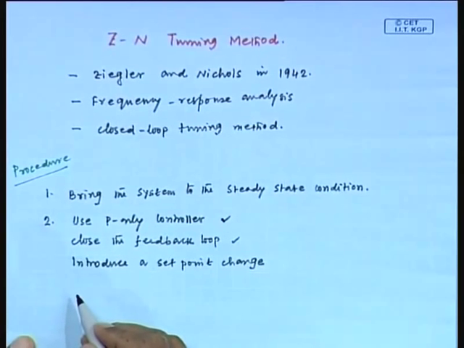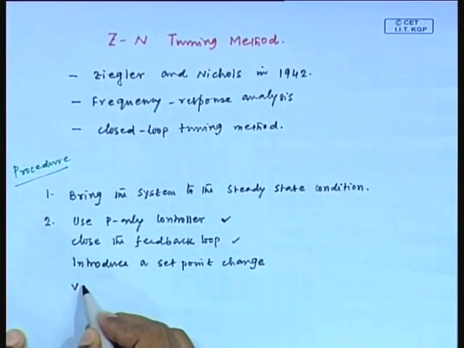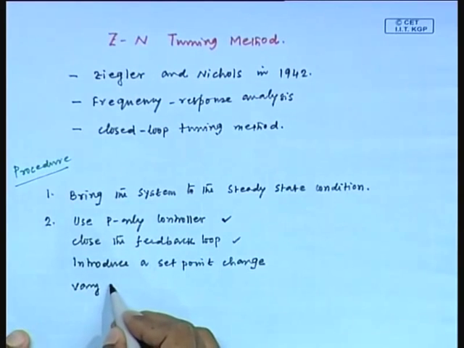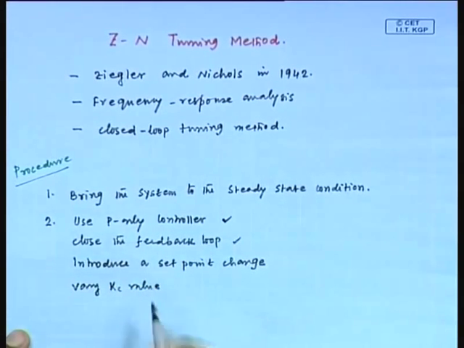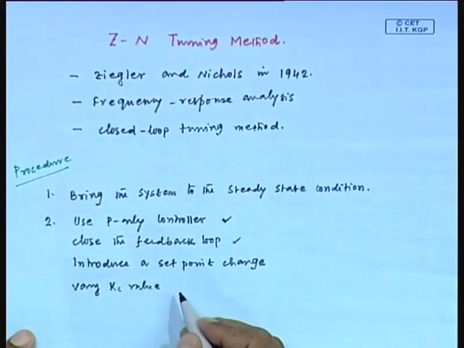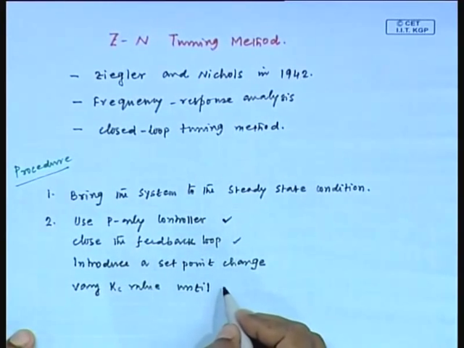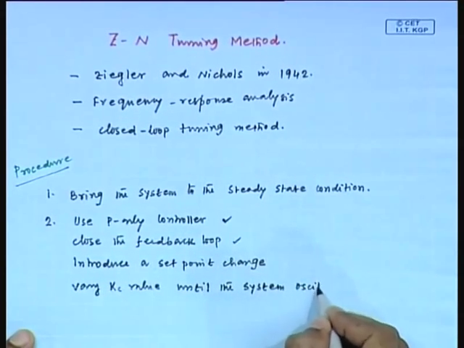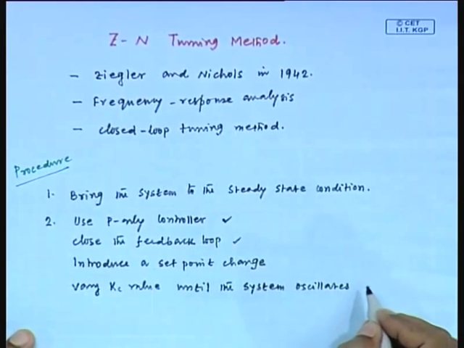Then we can tune the controller. I mean, we will vary the Kc value so that we can obtain sustained oscillation. So, next keep on varying Kc value, which is proportional gain, until the system oscillates with constant amplitude.